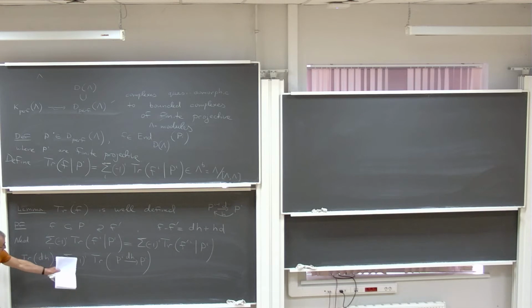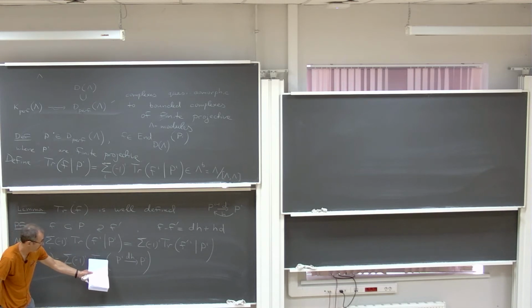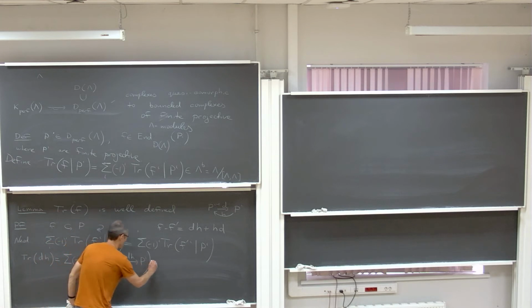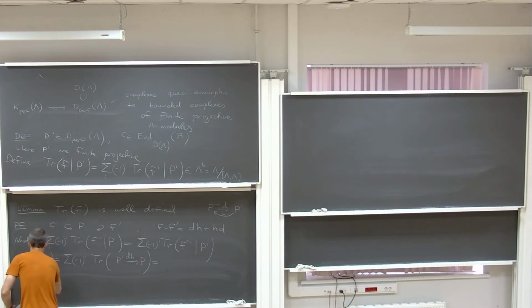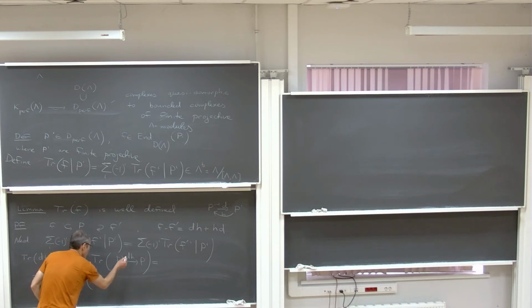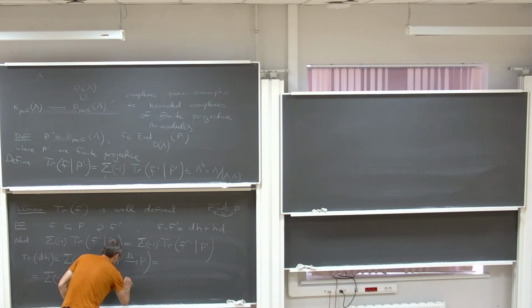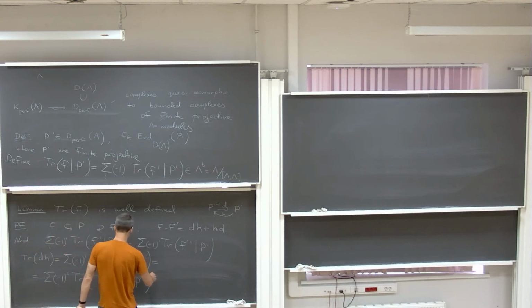Using that the trace of DH is equal to the trace of HD, we conclude that this is the same as the alternated sum of traces of HD on P_{i-1}, right?